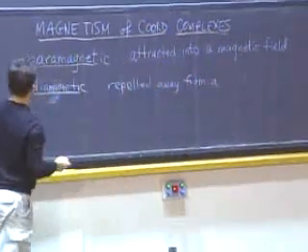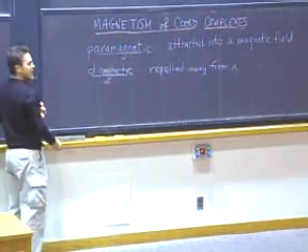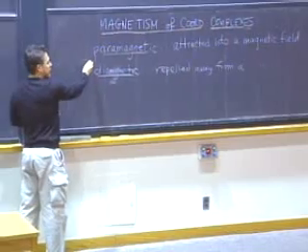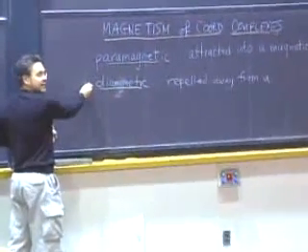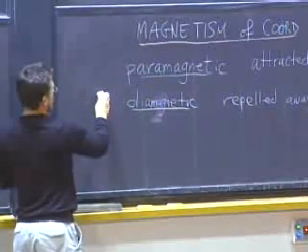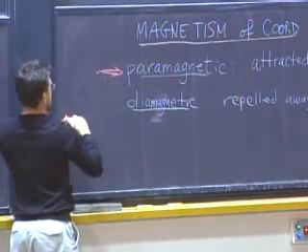Okay, and one thing that you should keep in mind is that the magnitude of paramagnetism is usually orders of magnitude greater than the magnitude of diamagnetism. This is much larger.